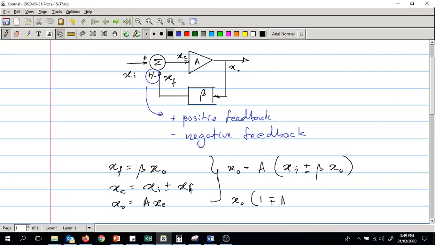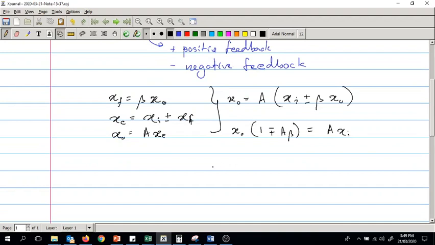So the gain function Af, the feedback gain, is x out over xi, which is A over 1 minus or plus A beta.